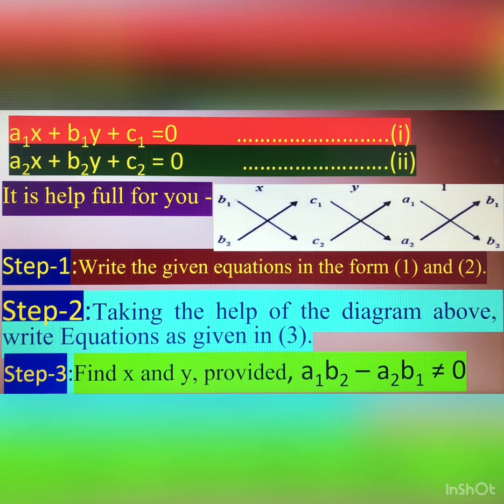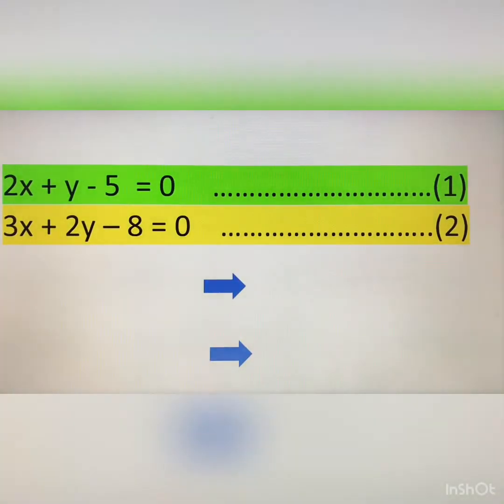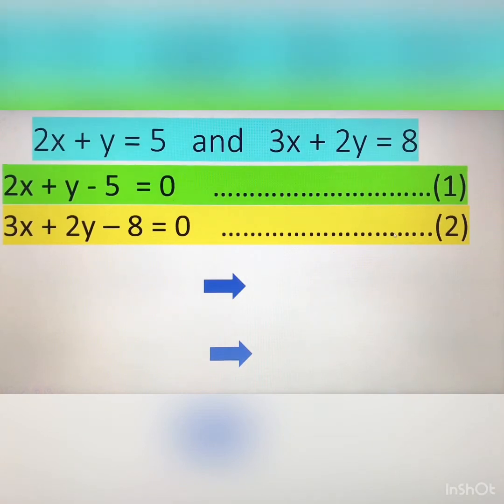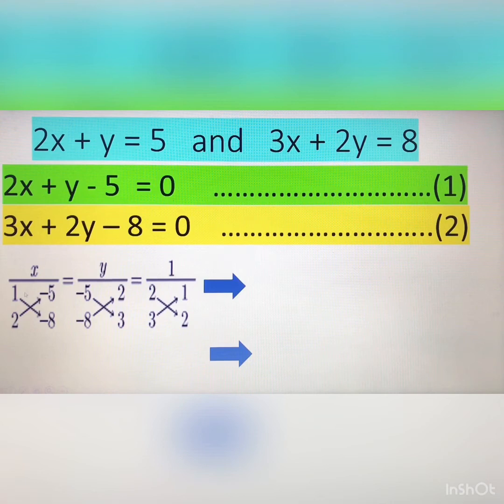Let us understand this method by an example. Let's say the system is 2x plus y minus 5 equal to 0. This is equation number first. And then 3x plus 2y minus 8 equal to 0. This is equation number second. So dear, we will write it as x upon, so dear, this is 1 2. 1 2 means this is the coefficient of y, that is 1 and 2.